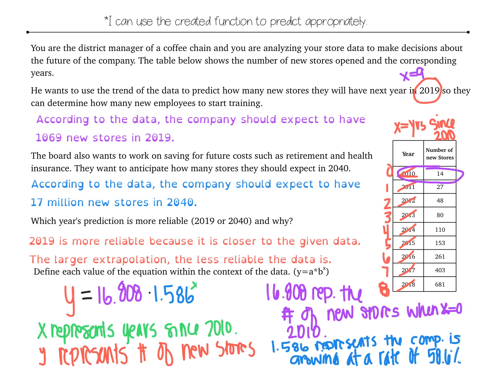Remember I said if it's above 1, which is 100%, it means it's keeping the same. Every year I'm adding the same amount of stores. That would be 100% versus 1.586. So if it's above 100%, then it's 58.6% growth. If it was below 100%, then I would get my decay by subtracting from 1. So 1.586 represents the company is growing at a rate of 58.6%.